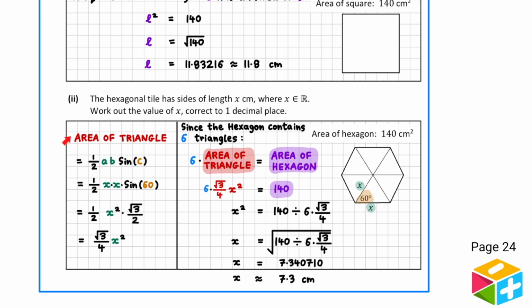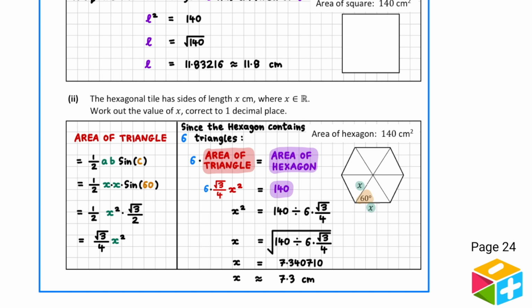To find the area of the triangle, we can use a result from page 16 of the formula book. It says that the area of a triangle is equal to 1/2 times A times B times sine C. Here, A and B refer to the lengths of 2 sides of the triangle, and C refers to the angle between these 2 sides.